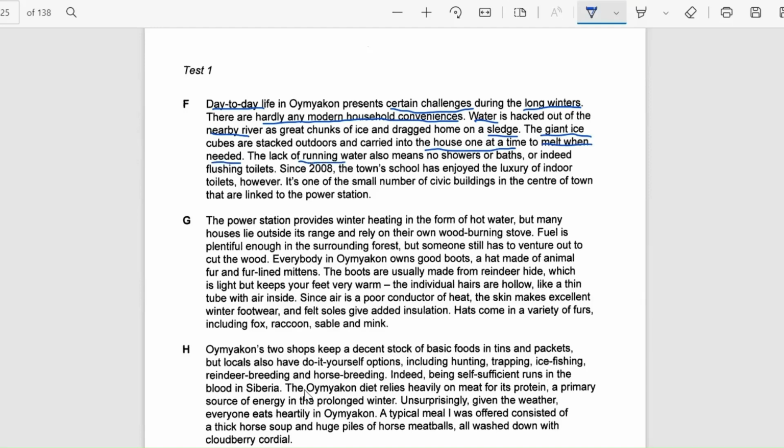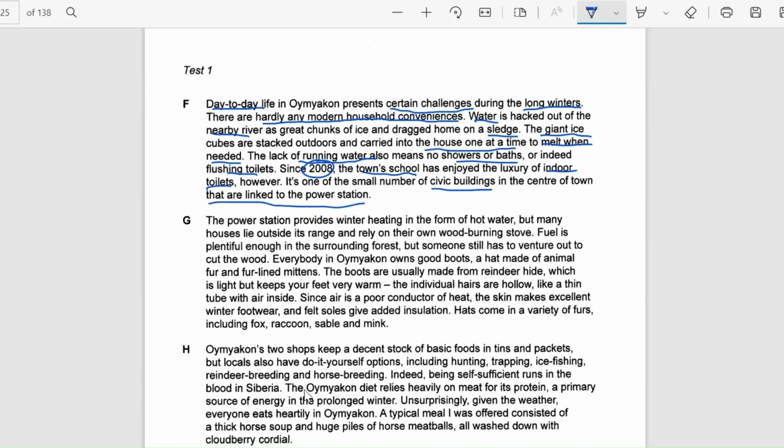So there's no running water. So problems with bath, showers, with the toilets. And then the school has enjoyed the luxury of indoor toilets, but it was since 2008, which is a recent change. And also it is talking about a small number of civic buildings that are linked to the power station.